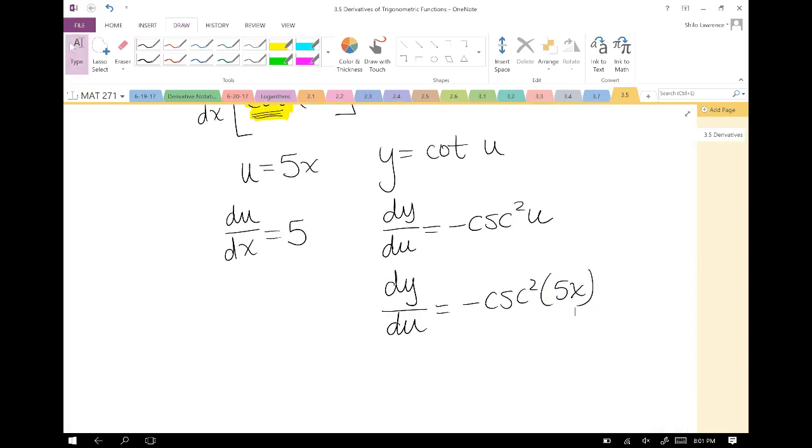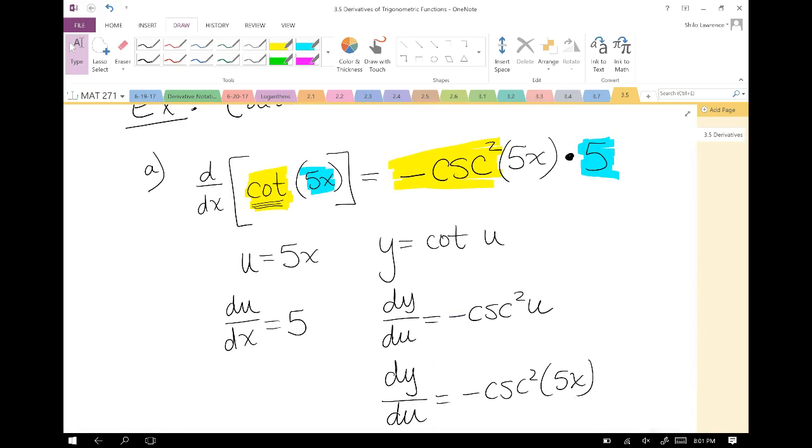And chain rule says multiply them together. And that's exactly what we got up here. I just did it quicker without having to write all of this stuff out.